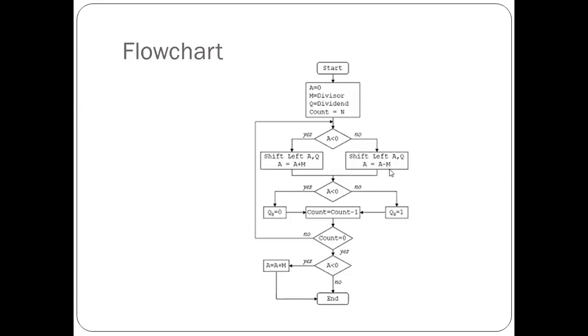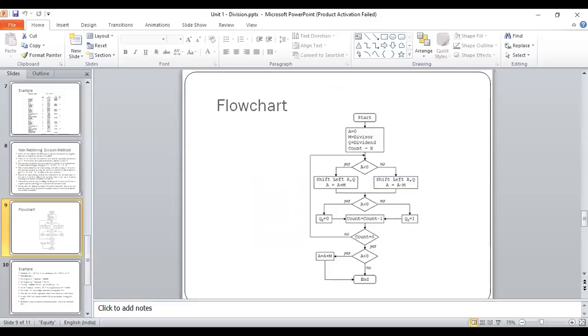So let us see the example that we made a mistake in earlier class. In the restoring division algorithm, we have seen the same 213 and got the correct result: quotient is 15, remainder is 5.